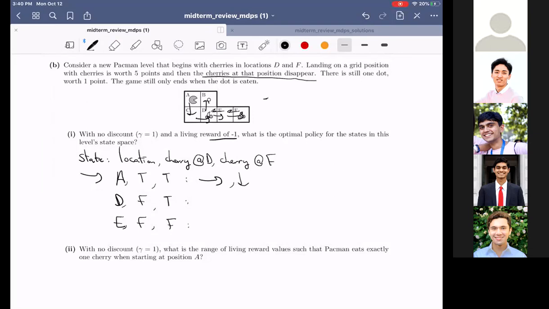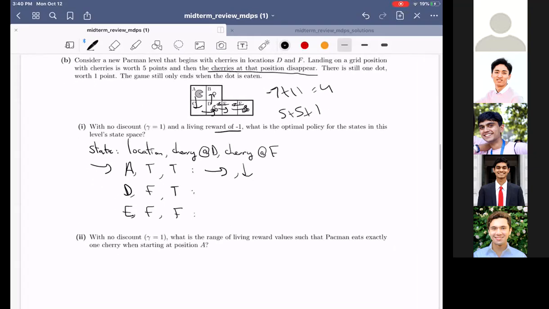So -7 is your living reward, and then you get plus 11. You get 5 for each of the cherries, and then 1 for the dot. And so, if I did the computation right, this is definitely better than at least eating 1 dot, in which you just get -1 for traveling to the dot and 1 for eating the dot, which is 0. Feel free to correct me if I made a math mistake, though.